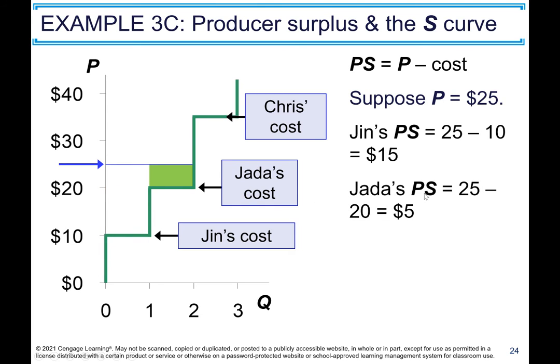Jada's producer surplus is 25 minus 20, which is 5. Chris's producer surplus is 0. Chris is not willing to participate in this bidding. Total producer surplus is $20.